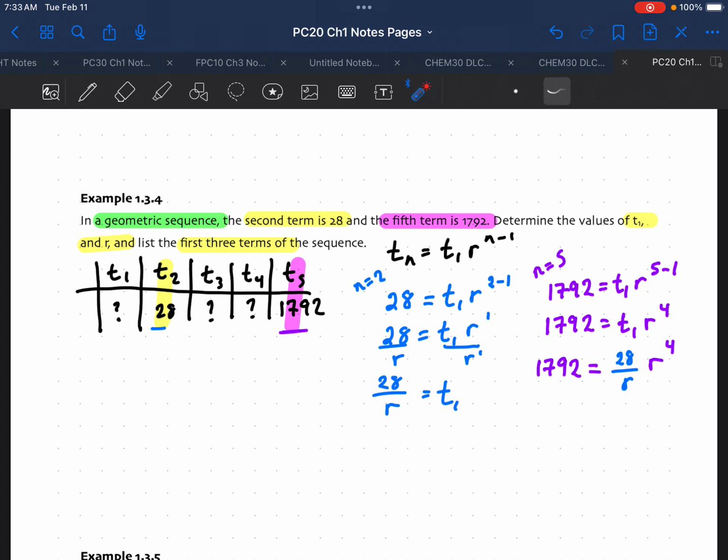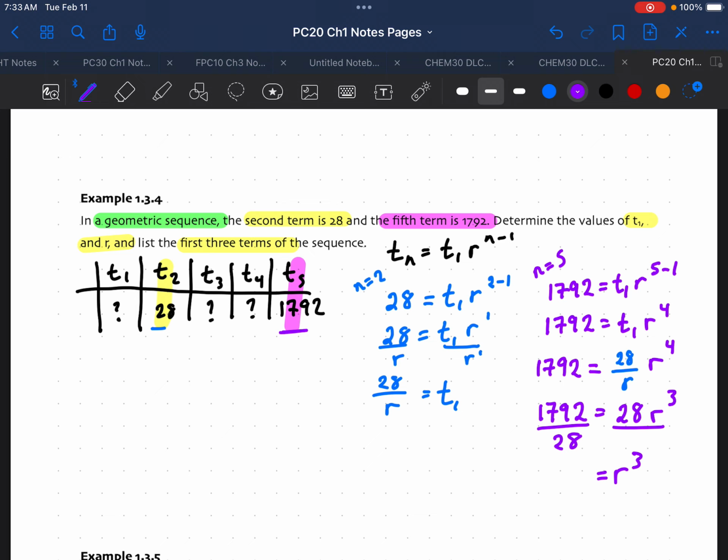Now, with these variables, this is going to cancel one of these, and we're going to be left with 1792 is equal to 28 r to the power of 3. Divide both sides by 28. I get r cubed is equal to 1792 divided by 28.